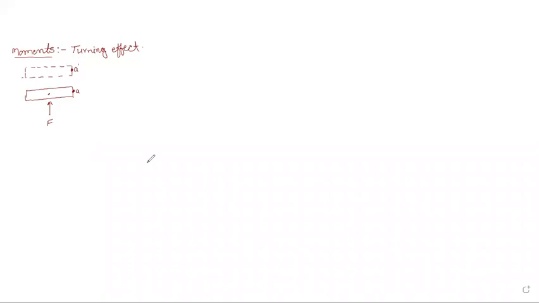But suppose for the same object, which has its center of mass here, we apply force at a certain distance. Then the object, instead of moving linearly, takes a shape like this. It will be displaced in this way.